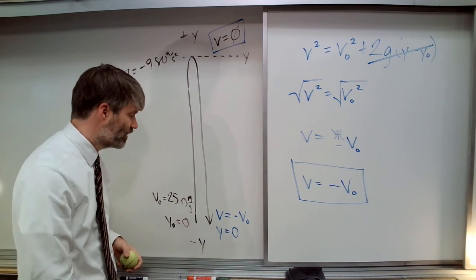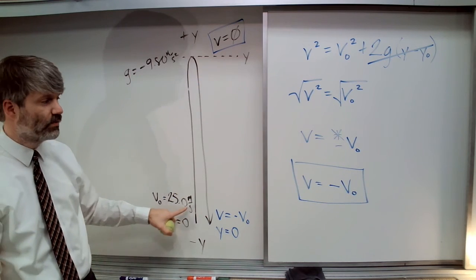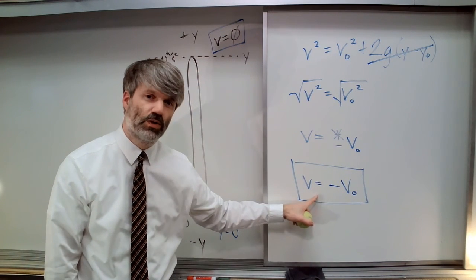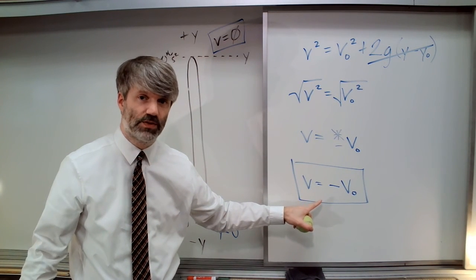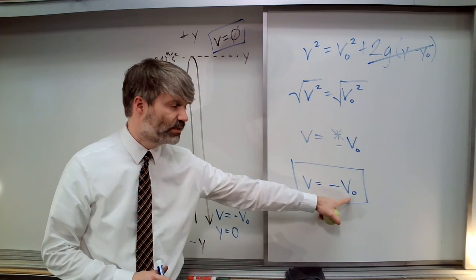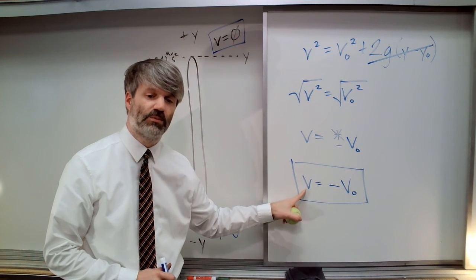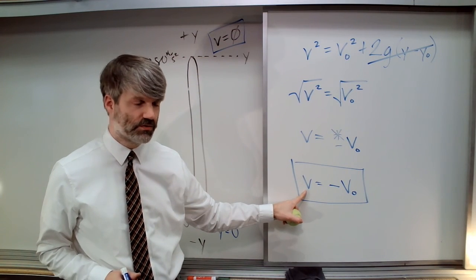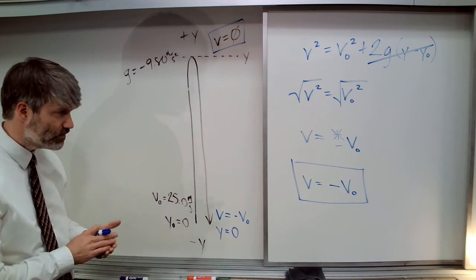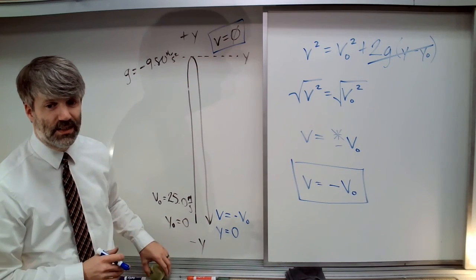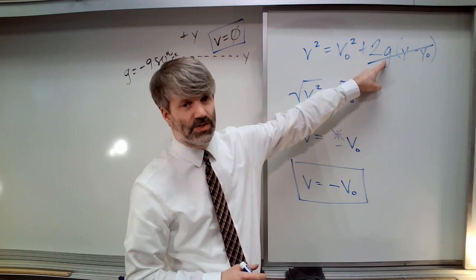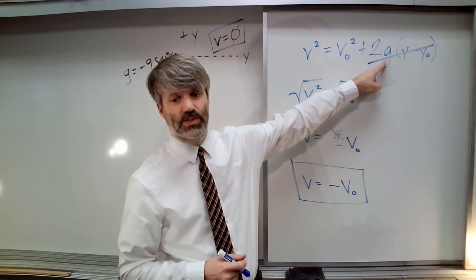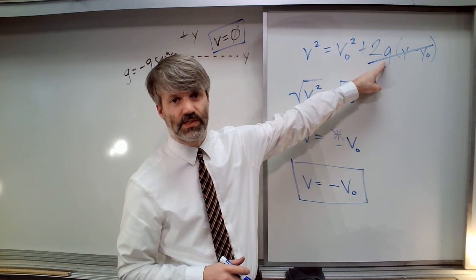Okay. Also, we can see here, it's going to work for whatever speed we put into it. Whatever speed it leaves the ground with, it's going to end up with the negative of that when it returns back to the position that it started from. We can also see that, in a way, just so long as there is an acceleration due to gravity, it doesn't matter what that acceleration is.